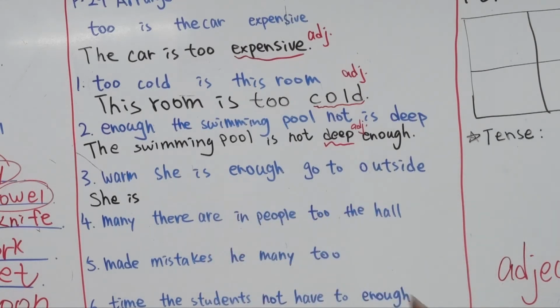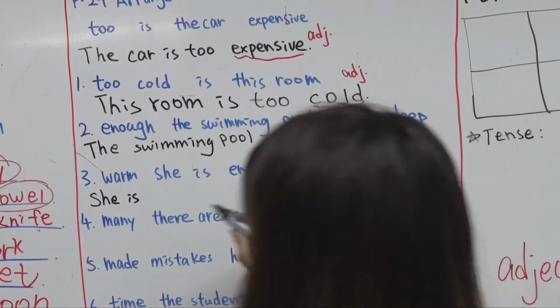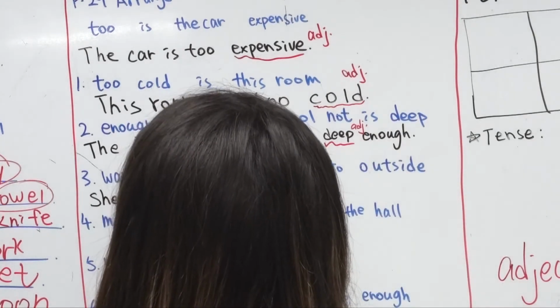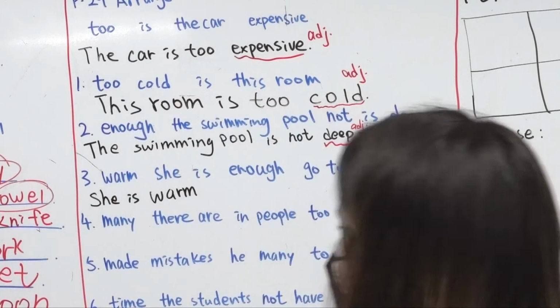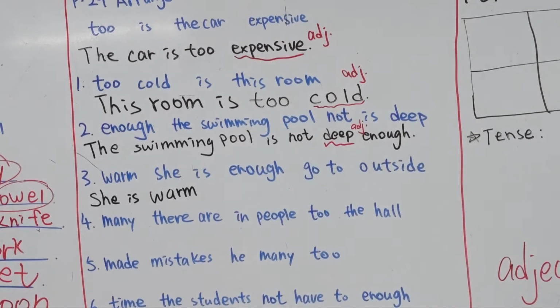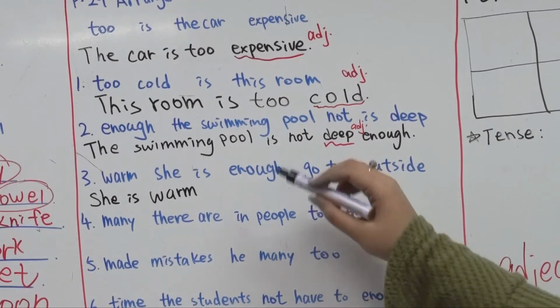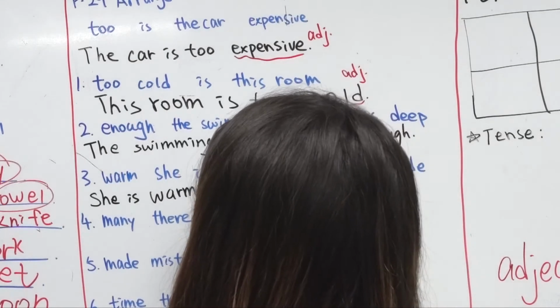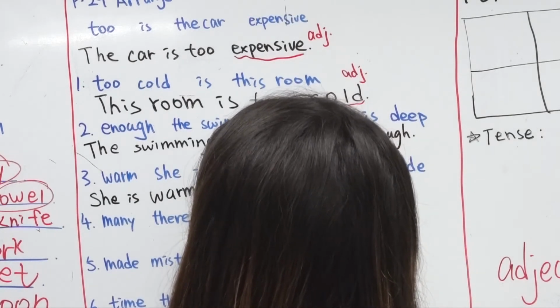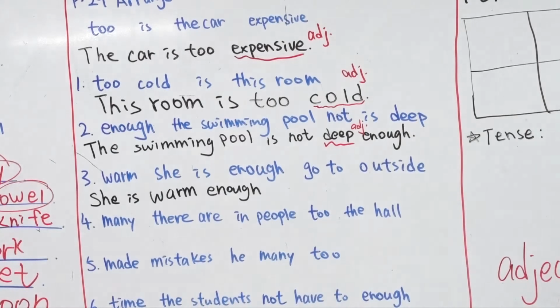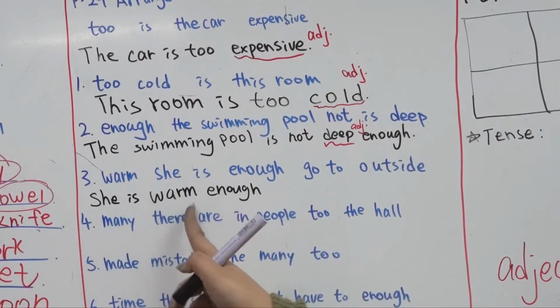Okay? Let's find the adverb or adjective. Warm. Very good. She is warm. Warm what? To or enough? Here it is enough, right? Warm enough. We do not say she is enough warm. She is warm enough.